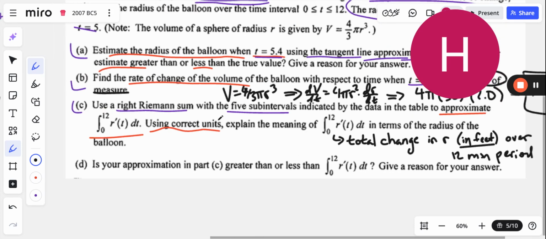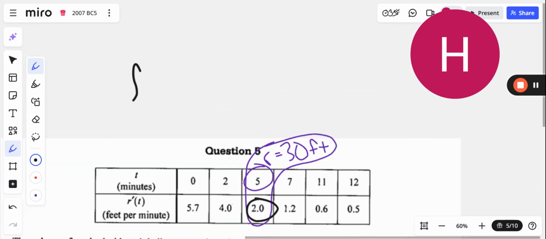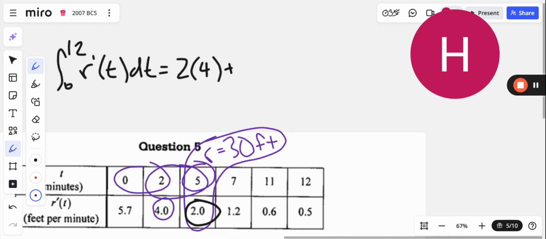Yeah, so the units are right there in feet. Now we have to actually calculate it using right Riemann sums. So the integral from 0 to 12 of r prime is approximately, well, the first rectangle has a width of 2 and a height of 4.0, because I'm using the right side endpoint for the height. So 2 times 4, easy. The next rectangle has a width of 3 and a height of 2.0.